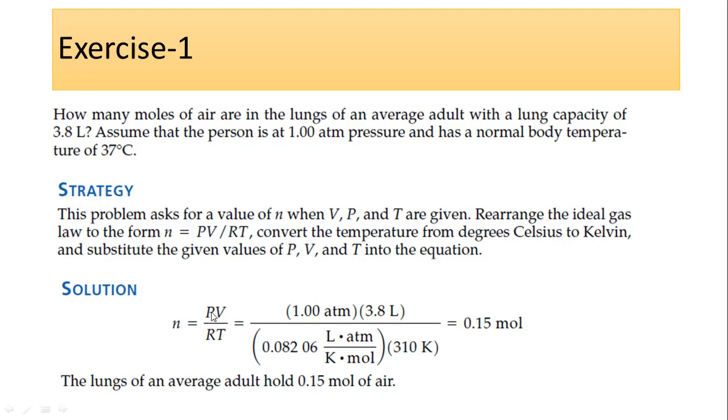The pressure is 1 atmosphere, the volume is 3.8 liters as given in this exercise. R is 0.082106 liter atmosphere per Kelvin per mole, and the temperature is 37 degrees centigrade. To convert into Kelvin, it would be 310 Kelvin. Again, the important point over here is the value of the gas constant.